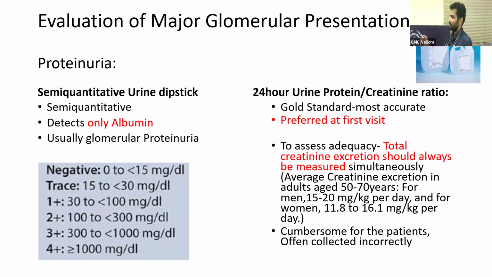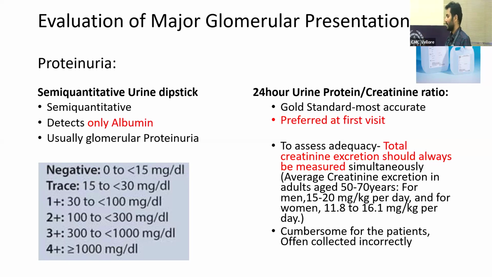Before checking the protein levels, you have to check the adequacy of collection. Normal creatinine excretion in adult males around age 50 to 70 is 18 to 22 milligram per kg per day. For females, it is 11 to 16. If it is a younger age, the cutoff will be even higher.